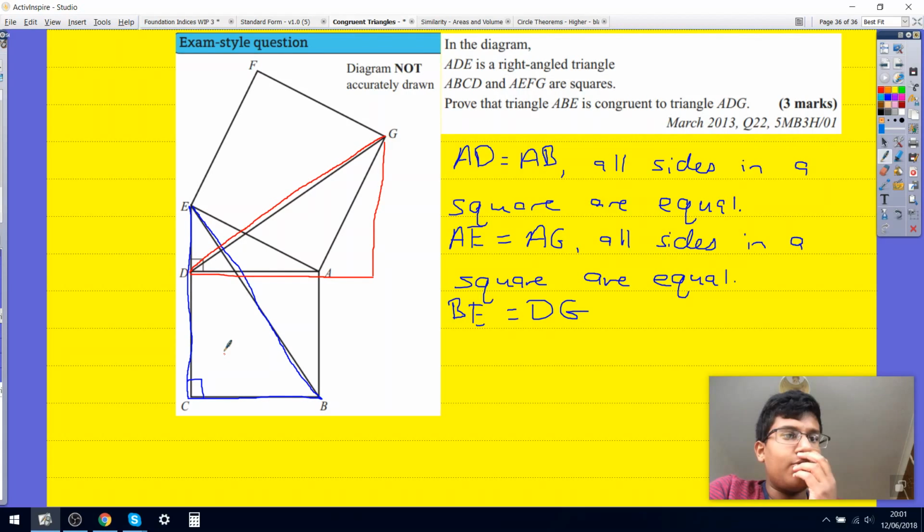So this one is this little square plus this side. It might have something to do with Pythagoras, like this side is the square root of this squared and this squared. Some reason that I'm missing.